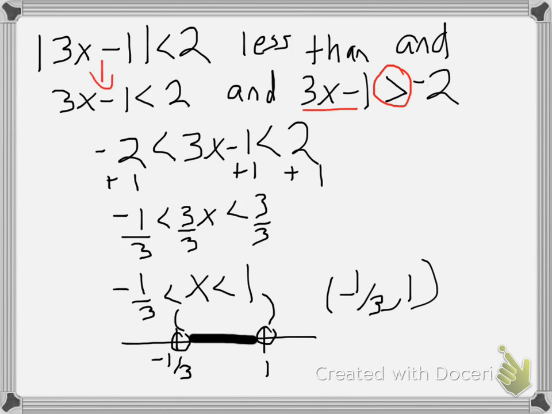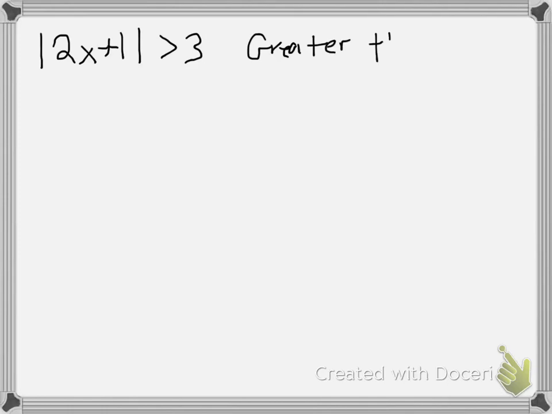Okay. 3 more. We're going to do 3 more, so hang in there. Let's do number 8. We have 2x plus 1 is greater than 3. So greater than is or.